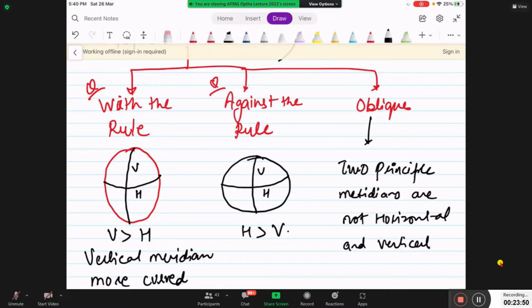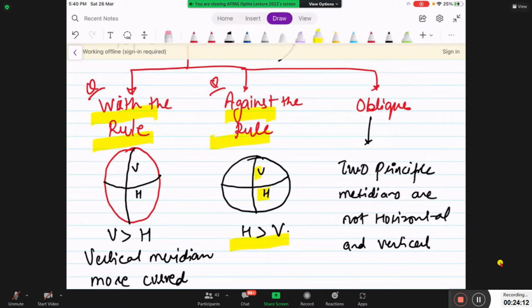For your exam point of view, remember these two types: with the rule astigmatism and against the rule. If vertical is more curved, then it will give you with the rule. If the horizontal meridian is more curved, then that will give you against the rule astigmatism.